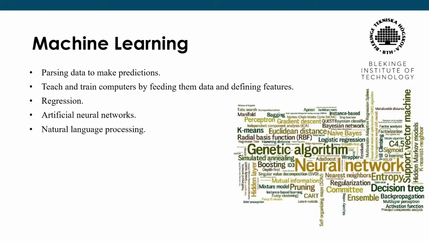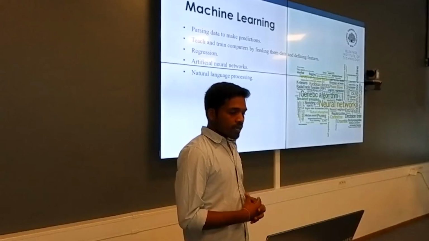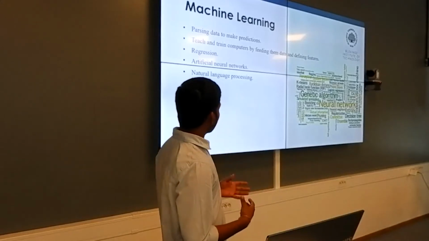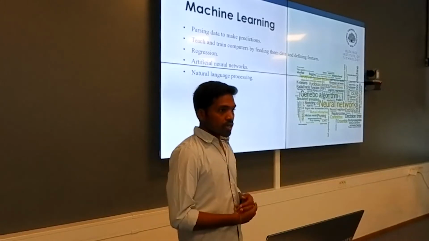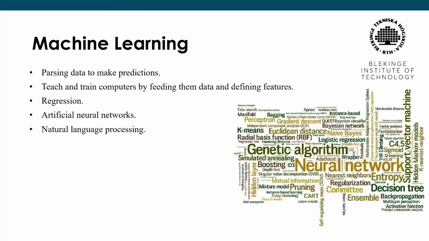The idea here is to teach and train computers by feeding them with data and defining the features. There are many different machine learning algorithms, as you can see here, but in my research I mainly used three machine learning techniques: regression, artificial neural networks, and natural language processing.